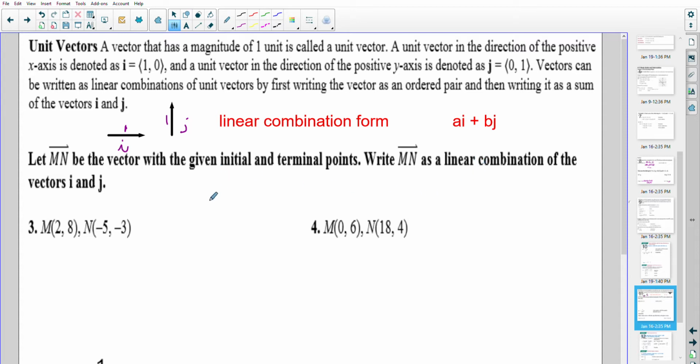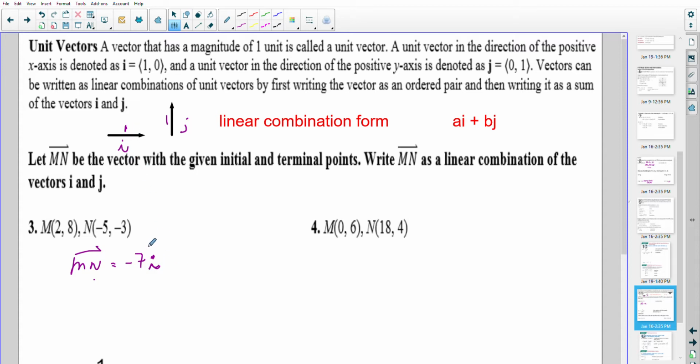Now you can write down a vector in linear combination form. The first thing that you would have to do is find the change in the x's and change in y's. And you're going to remember that it's the terminal minus the initial. So subtracting the x's, you're going to have -5 minus 2 is -7 times vector i, which is the horizontal of length 1.